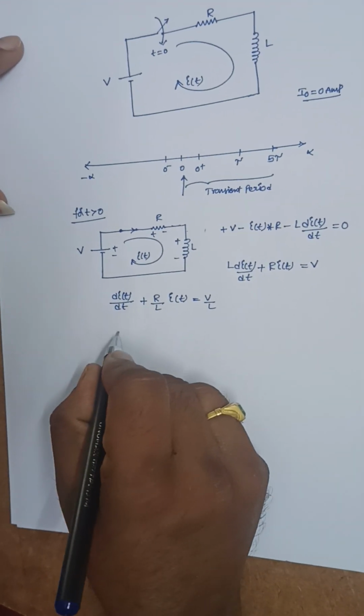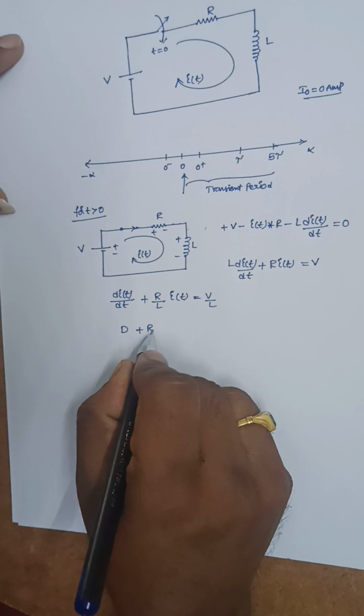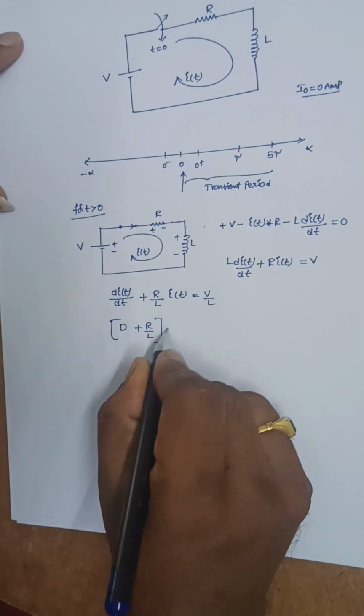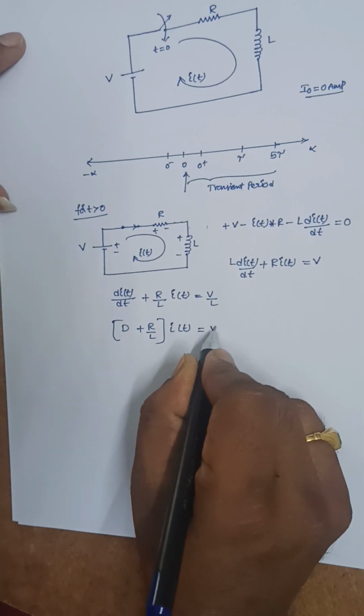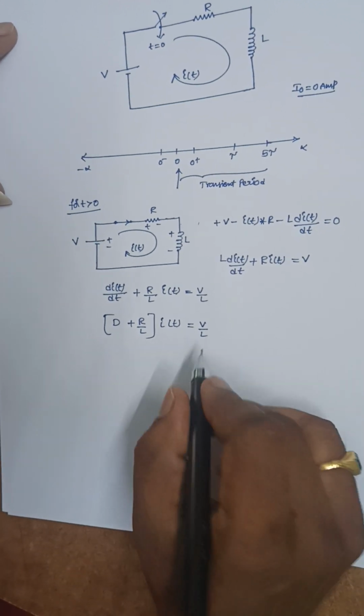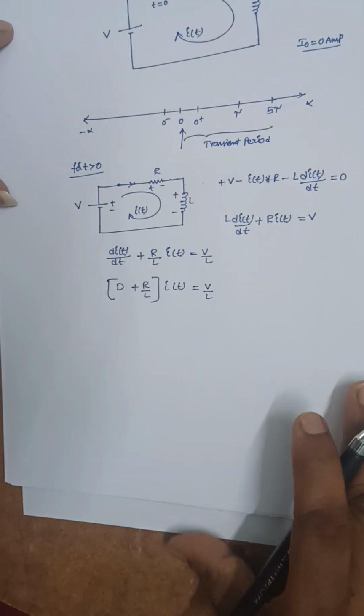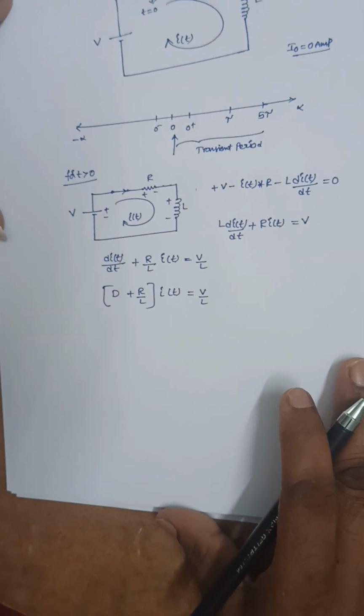Now I can rewrite this equation as d plus R by L into I of t is equal to V by L. So it is the first order differential equation, and that too it is a non-homogeneous equation.